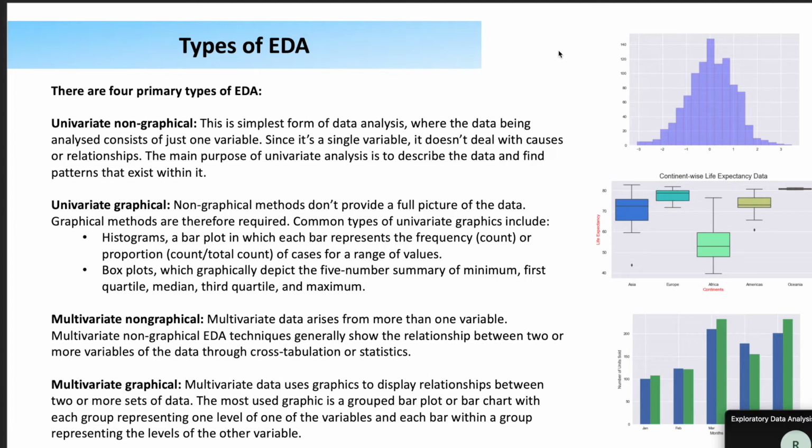So let's say, for instance, this particular graph that you are seeing here is called a histogram, and this particular histogram is a univariate analysis. Now, what do histograms reflect? Histograms reflect the counts in various ranges of your feature values. What does it mean?